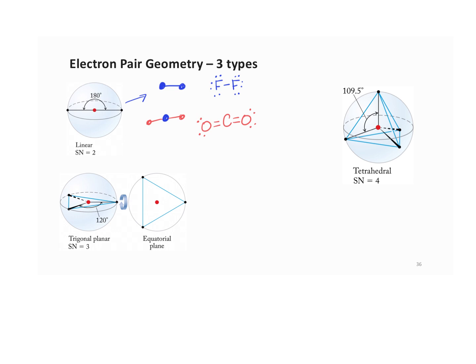The next electron pair geometry that you can have is trigonal planar. Trigonal planar has a central atom and it's surrounded by three groups or three electron regions. We're going to look at some examples of that on the next slide. And then you can also have tetrahedral, which has a central atom and it has four groups that are surrounding it. And we're going to look at some examples of that on the next slide.